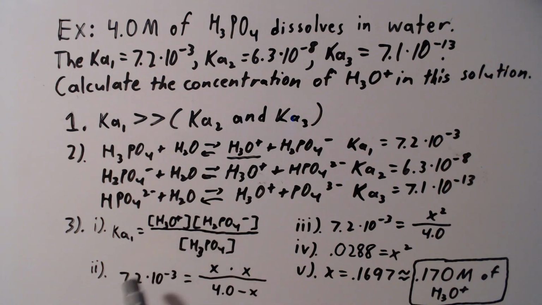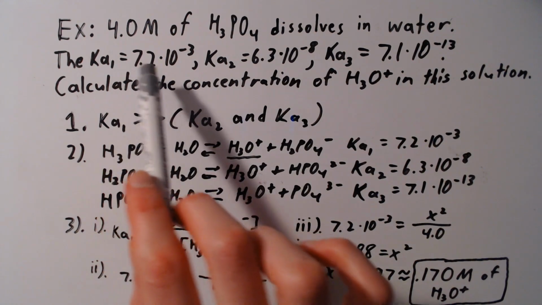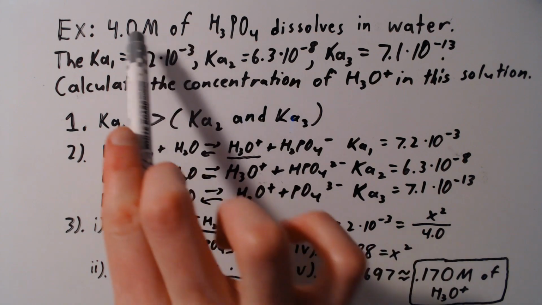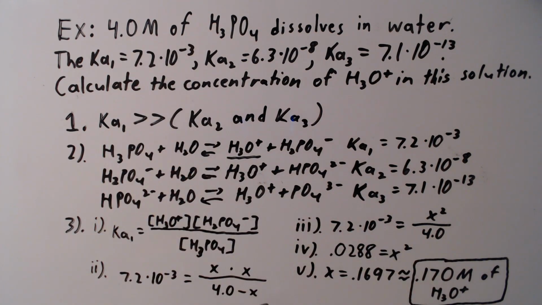Now we just plug in the values, so 7.2 times 10 to the negative third is the value of Ka1, and that will equal the initial concentration of the H3PO4, which is 4 molar, minus X. And for every X of this acid that's dissociated, an X amount of H3O plus gets produced, and an X amount of H2PO4 minus gets produced.